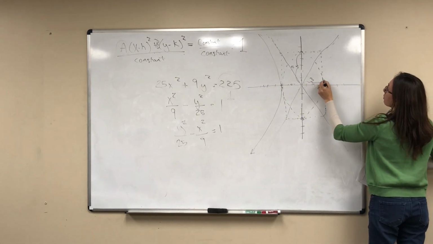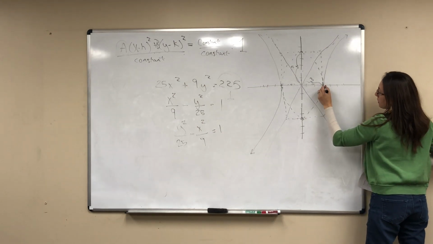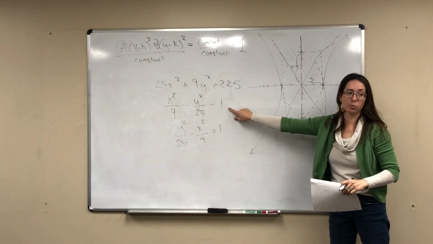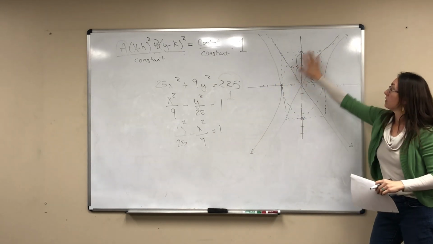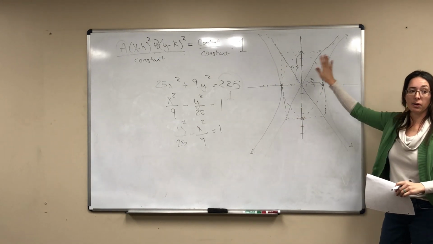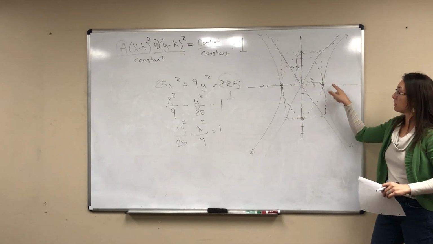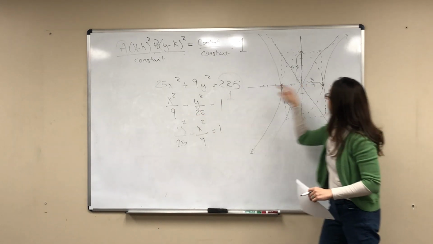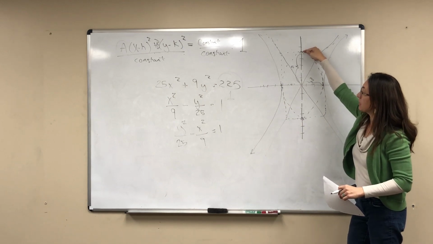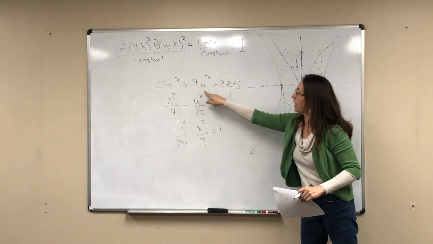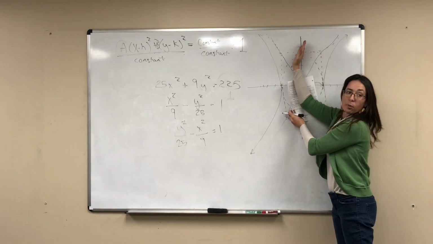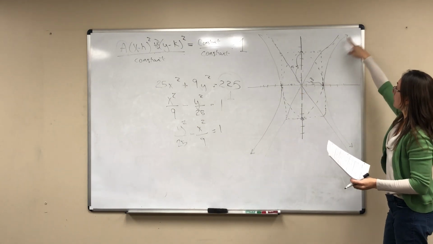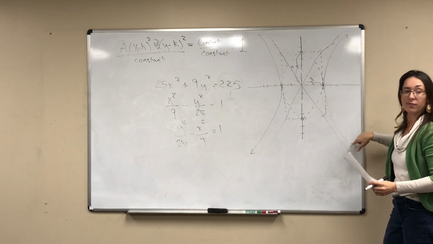So we would take the vertices from our ellipse, and this would be our hyperbola for this first one. Same numbers, same equation, same vertices. We're 3 along the x-axis, 5 along the y-axis. I do not want to have the y-axis as part of my equation, so I'm going to use my x vertices for my hyperbola.